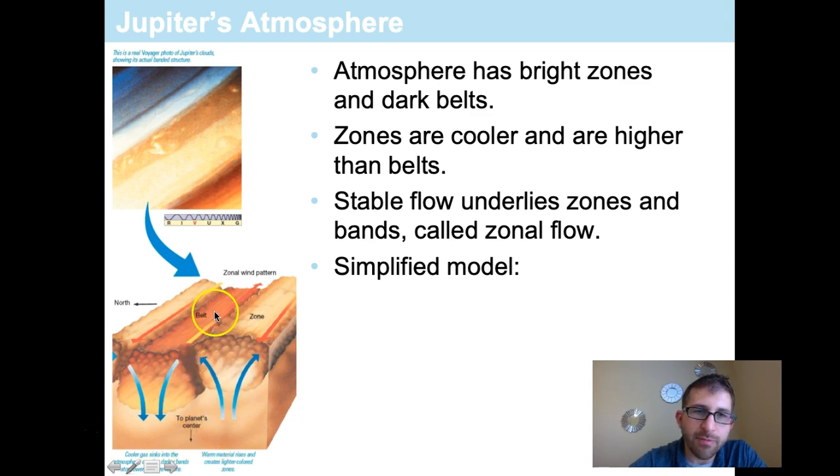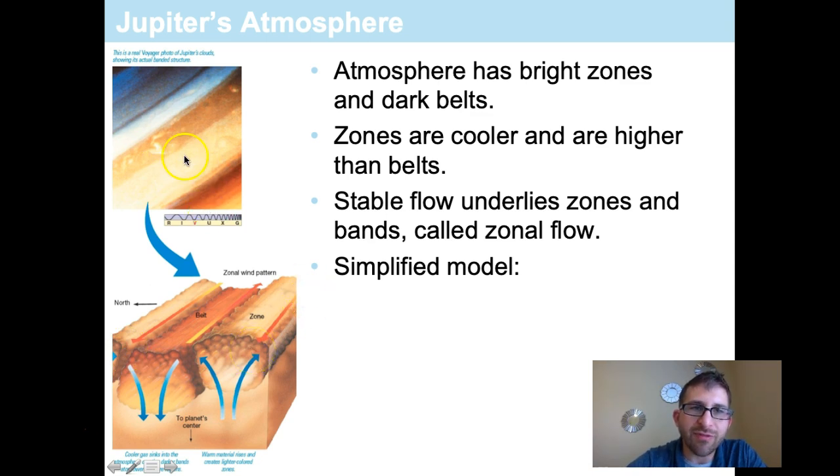So you're basically looking towards a deeper place in the atmosphere as the belts are moving downward and the zones are moving upward. You'll notice also that the motion of the zones and belts are in opposite directions of one another. So if the belt is moving in this direction, zones are moving in the opposite direction.